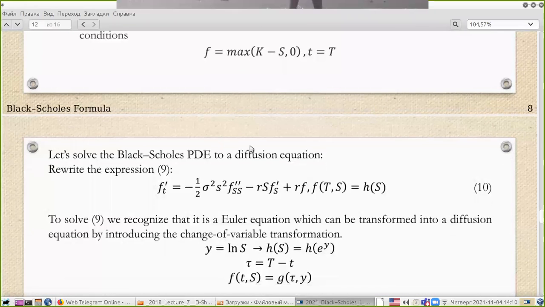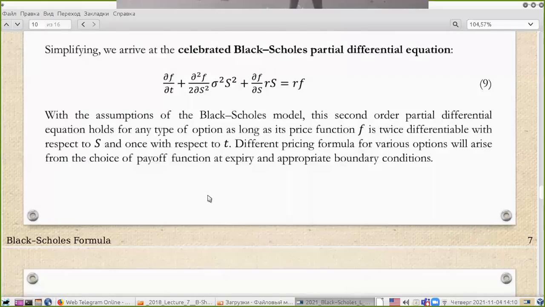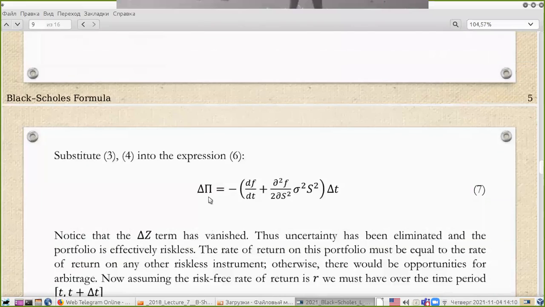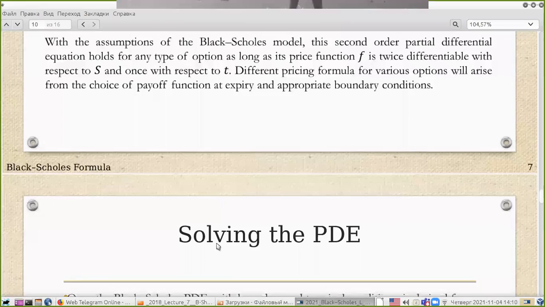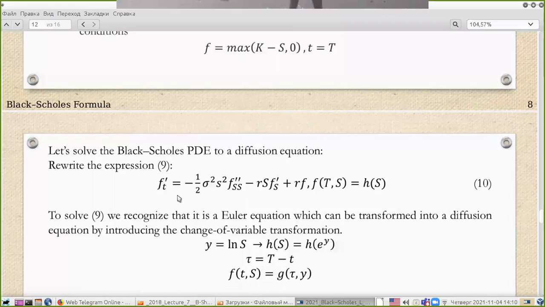So expression 9 will be: the differential of f with respect to t on the left side, and all other terms we move to the right side. So this is expression 9, only in another form.